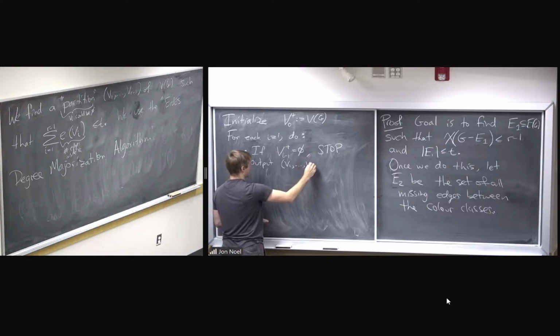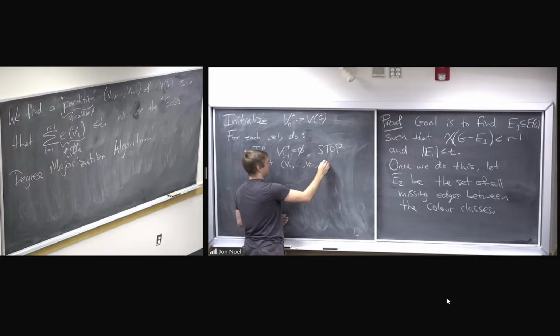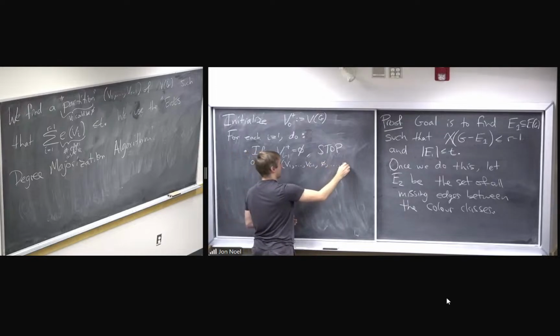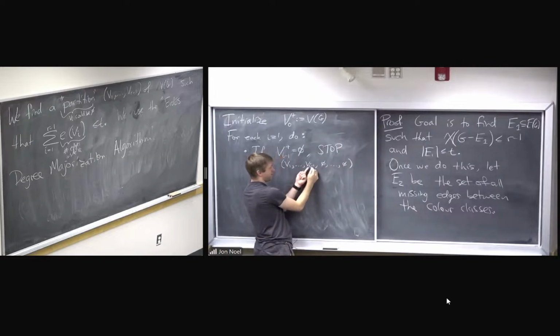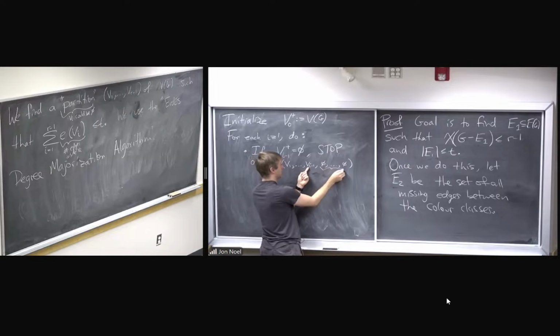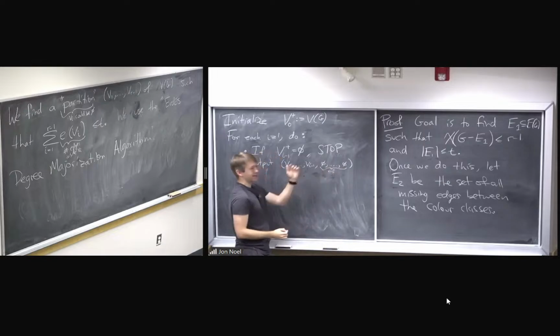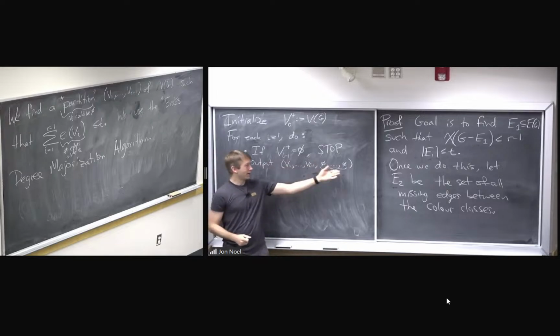It's going to end up being a partition V1 up to V i minus 1, with enough, if i is less than r, then you've got r minus i empty sets at the end of the partition, because I want to find r minus 1 sets, but anyway.